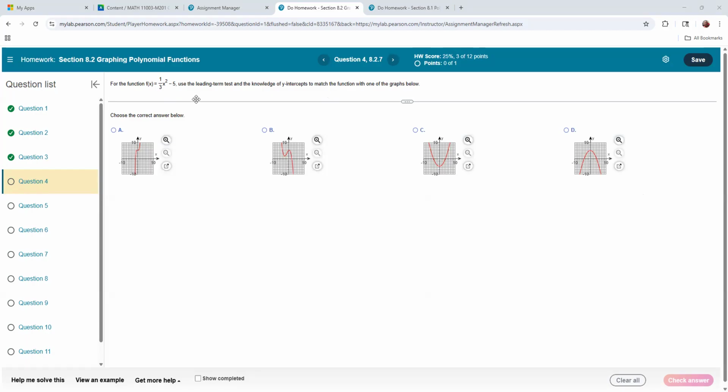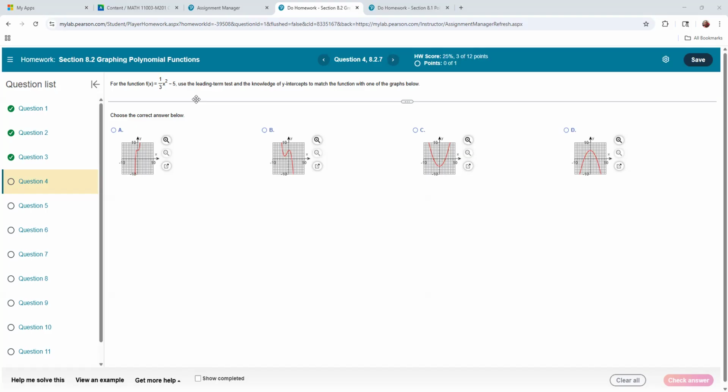So what I mean is we made a chart a while ago with even degrees and positive lead coefficients. So I'm still using that chart. You've got an even degree of 2 and you've got a positive 1/3 in the front.